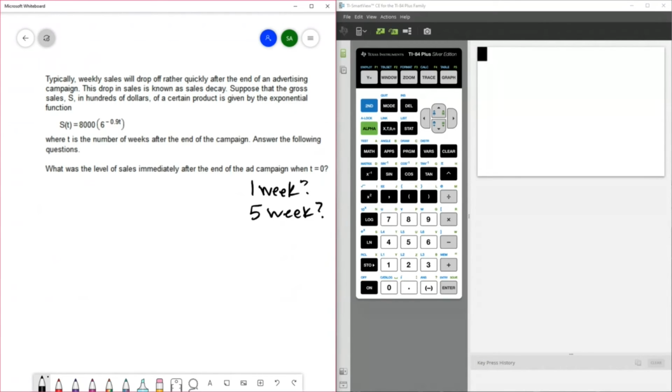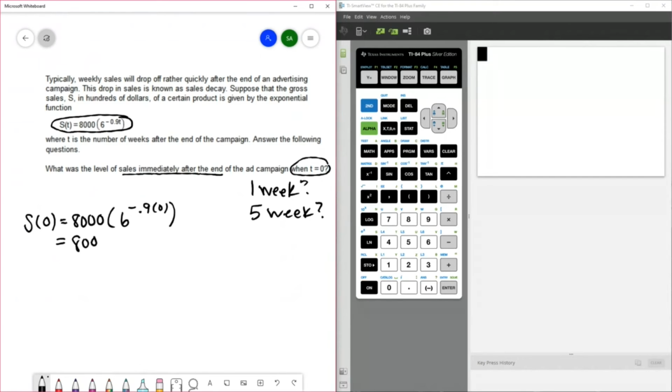So this function, S of t equals 8,000 times 6 to the negative 0.9 t, is modeling the sales at a given time. So the first question is, what were the sales immediately after the end of the campaign when t equals 0? So we'll use our model with t equals 0 and get 8,000 times 6 to the negative 0.9 times 0.